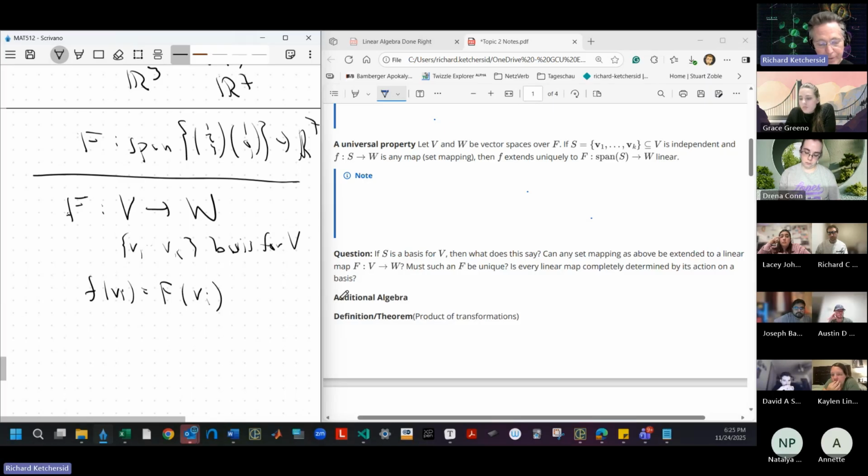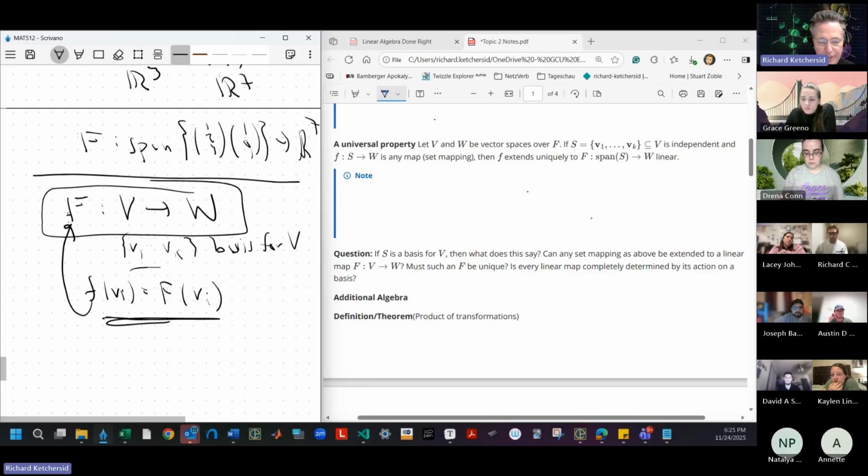And now I apply my theorem and I say, I can extend this little f uniquely to a linear map. But when I extend it uniquely to a linear map, it's got to give me that back, because that's a linear map that extended that. So any linear map going from V to W is completely determined by what it does to any basis.